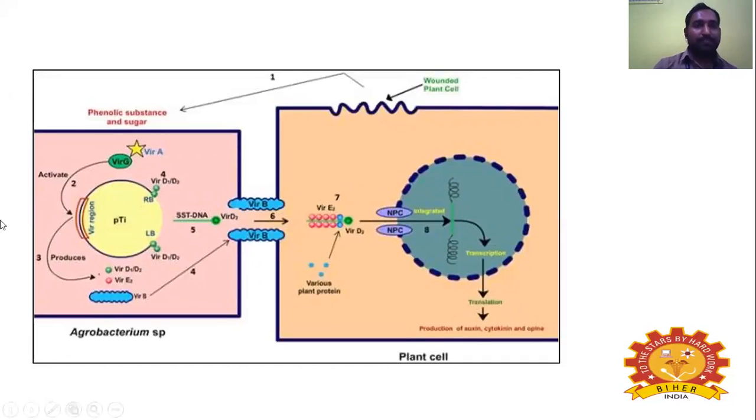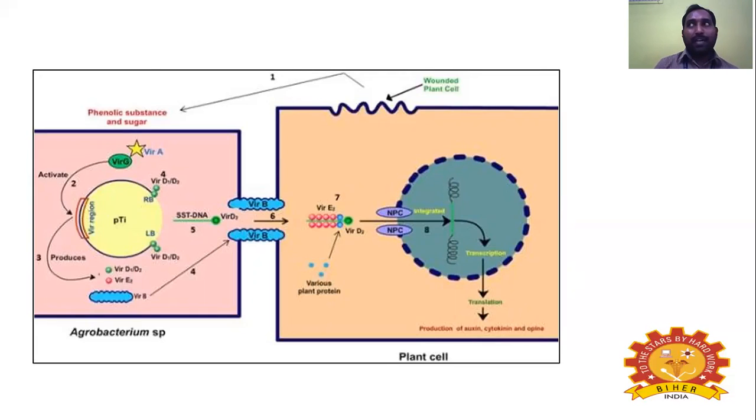So here we have the complete picture. If you see the phenolic substance and sugar molecule, and from here, this is the particular Agrobacterium species, which starts from VirA to VirG, and this VirG will try to activate all the proteins, and from there it will initiate the synthesis of the vir genes, that is VirD1, D2, D3 and VirE2.